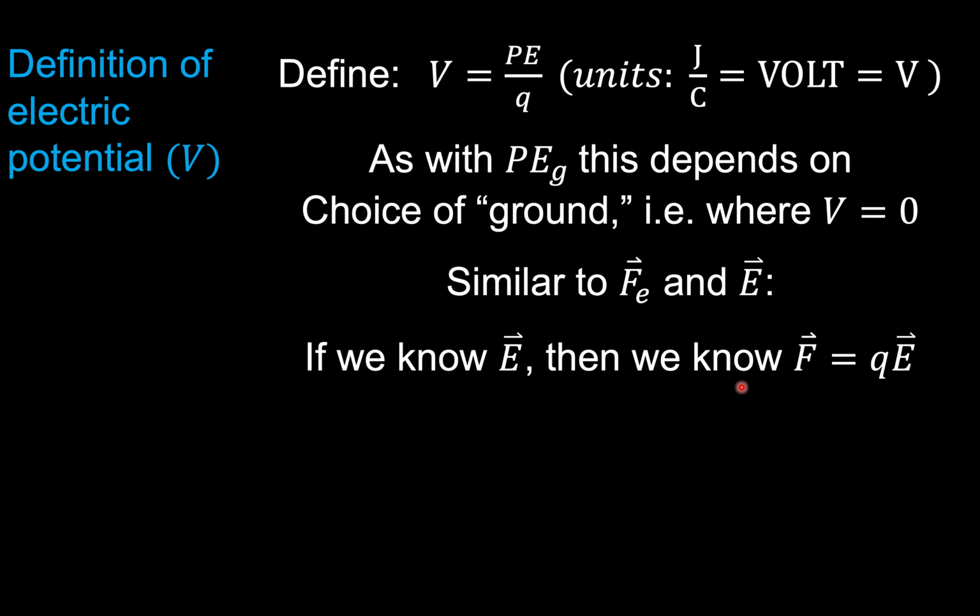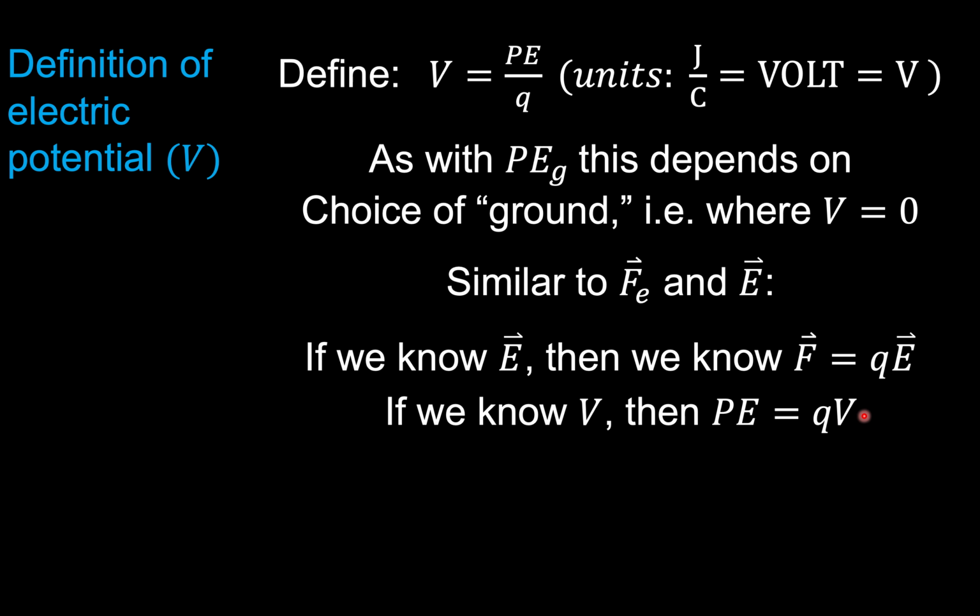Then we can know what that electric force would be. And similarly here, if we know the electric potential at some location, then the potential energy of a charge that we place in the electric field, which has this associated electric potential, is equal to the charge times the electric potential.